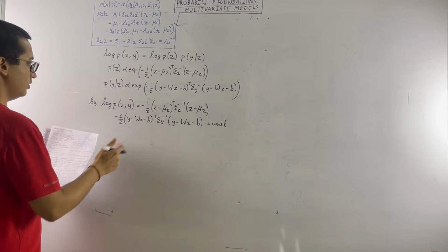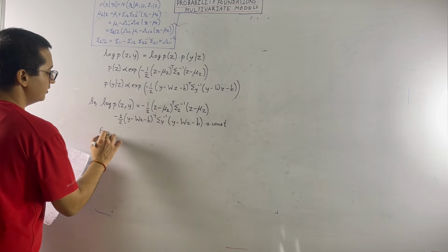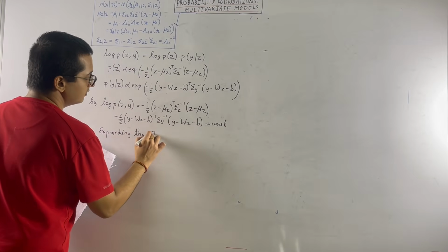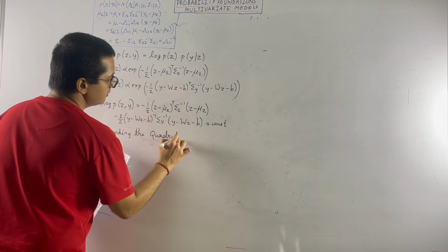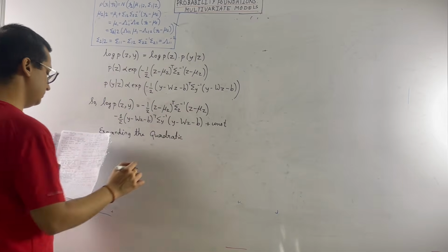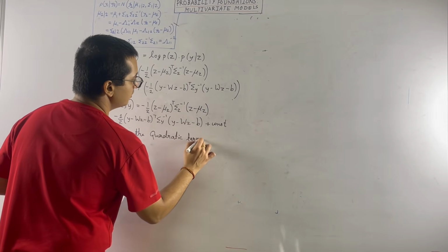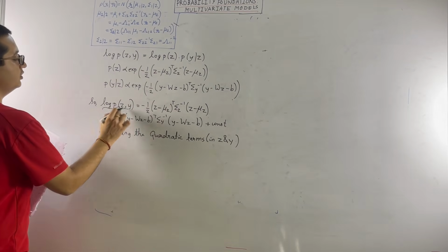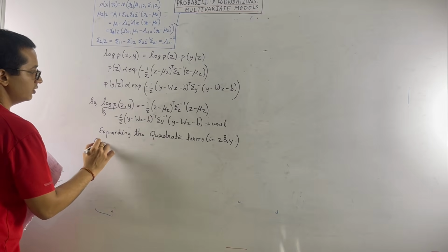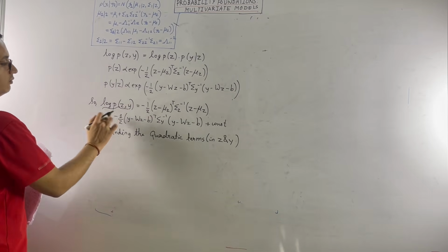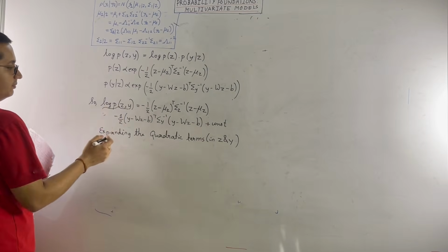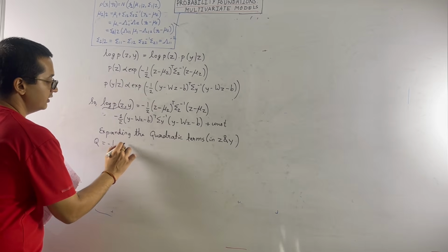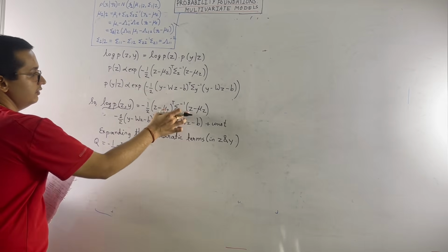So if I expand out the quadratic terms in z and y, what do I get? Let us call it some q. So this q, the quadratic terms for this log p of z comma y, would be, first, z transpose sigma z inverse z from the first expression.